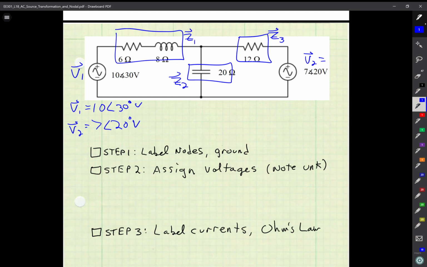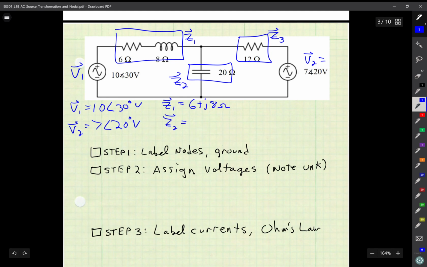And then I have 3 impedances. Z1 has a real part, which is 6 ohms, that's the resistor, plus a reactance, which is positive because it's an inductor, so that's plus j8 ohms.